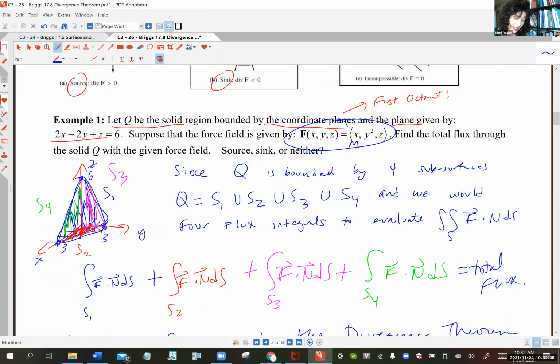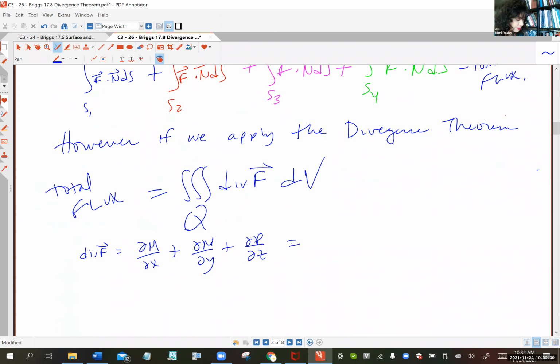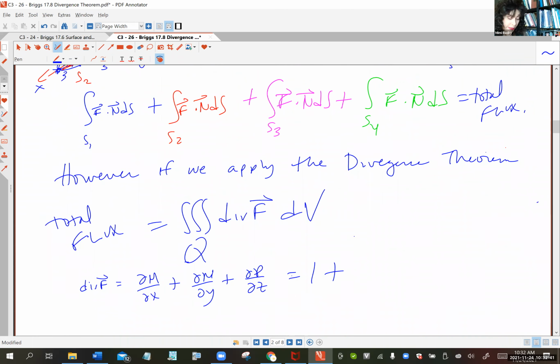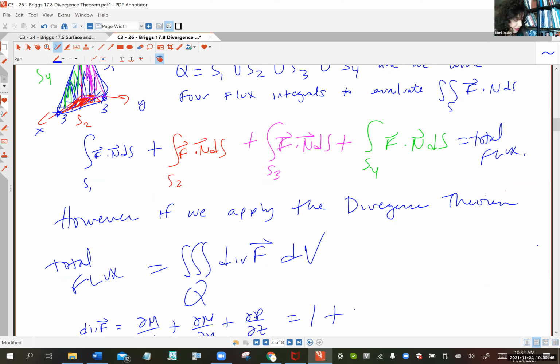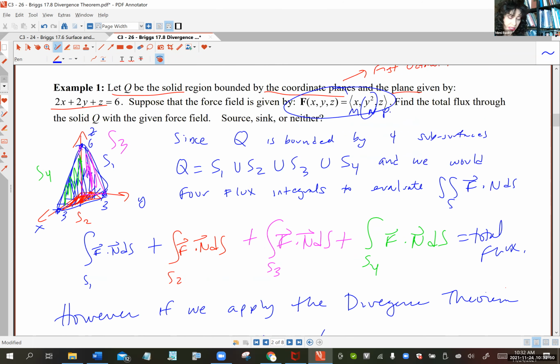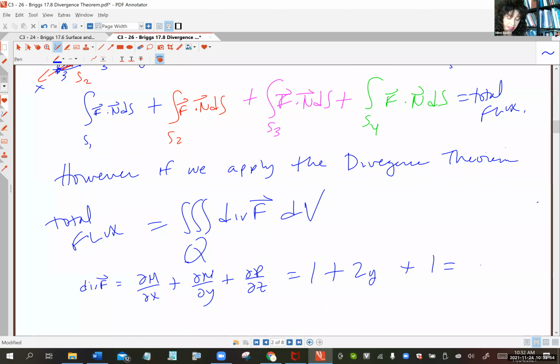Knowing that M, N, and P are the components, the derivative of x with respect to x is 1. The derivative of y squared with respect to y is 2y, plus the derivative of the last component z with respect to z is 1. And so this is just going to be 2 plus 2y. Okay, cool.